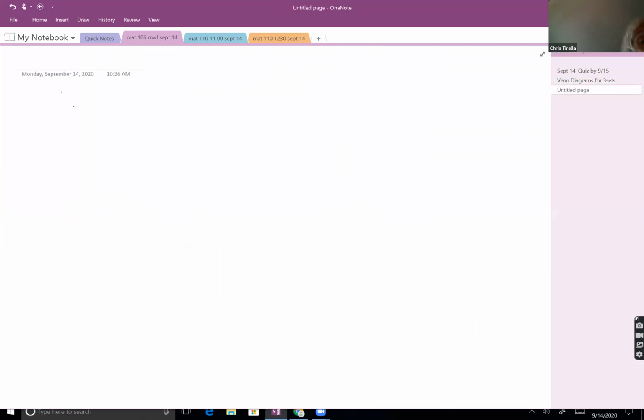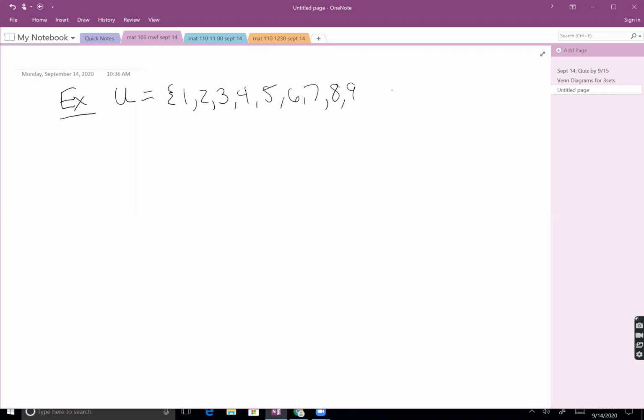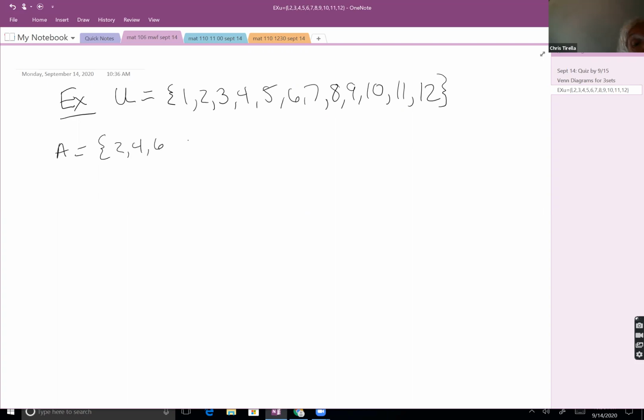For my example, let's have our universal set be the numbers 1 through 12. Let's have set A be the evens, 2, 4, 6, 8, 10, 12. Let's have set B be the multiples of 3, 3, 6, 9, 12.